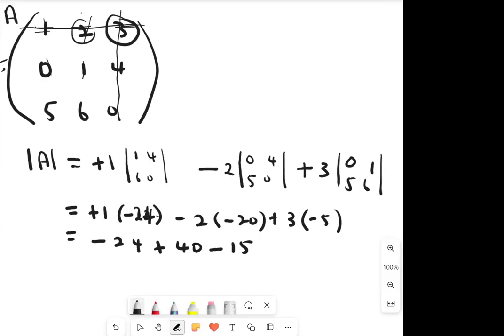What are we getting? 1? 1 is the answer. Anybody following? Sorry, I got 1. Yeah, that's it, right? So our determinant is 1.